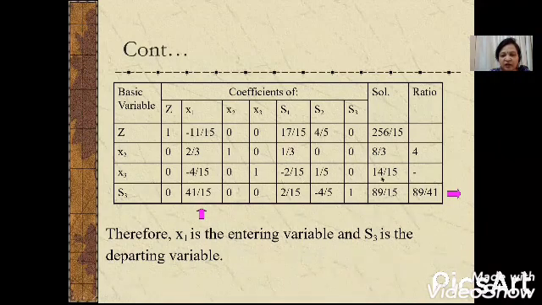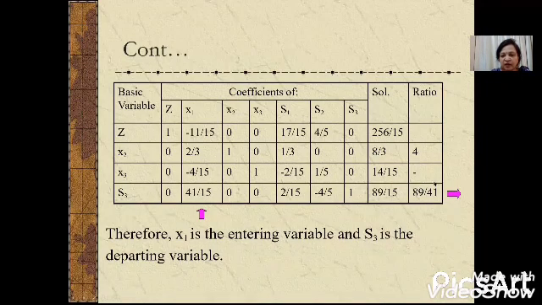Corresponding to x3, negative ratios are coming, but we have to consider only positive ratios. So we can see here that the ratio corresponding to S3 is minimum. So here S3 is the departing variable.